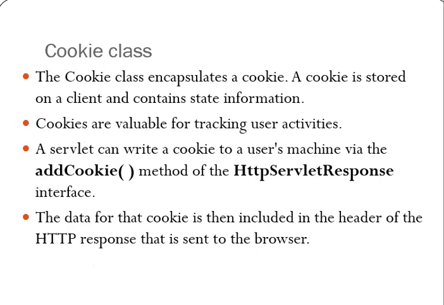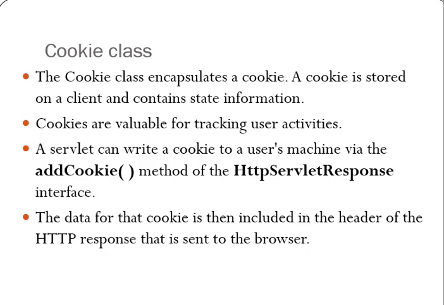So these are the basic interfaces, methods, and classes in HTTP servlets. Now let us look at the cookie class. The cookie class encapsulates a cookie. A cookie is stored on a client machine, and usually it contains state information.